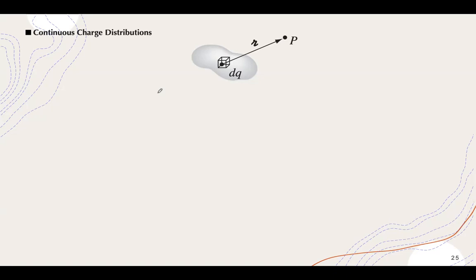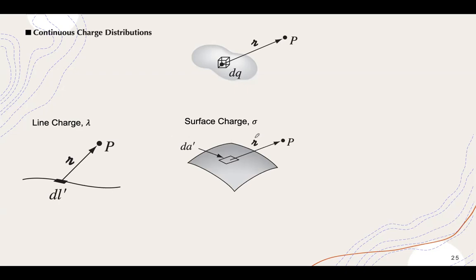Okay, so there could be three cases. You can represent this as a line charge. So you have a line charge, okay? We can take an element of this line charge to be dl prime, and then we can denote it in terms of lambda. Similarly, we can take the surface charge and denote it as sigma, which is in the 2D plane.